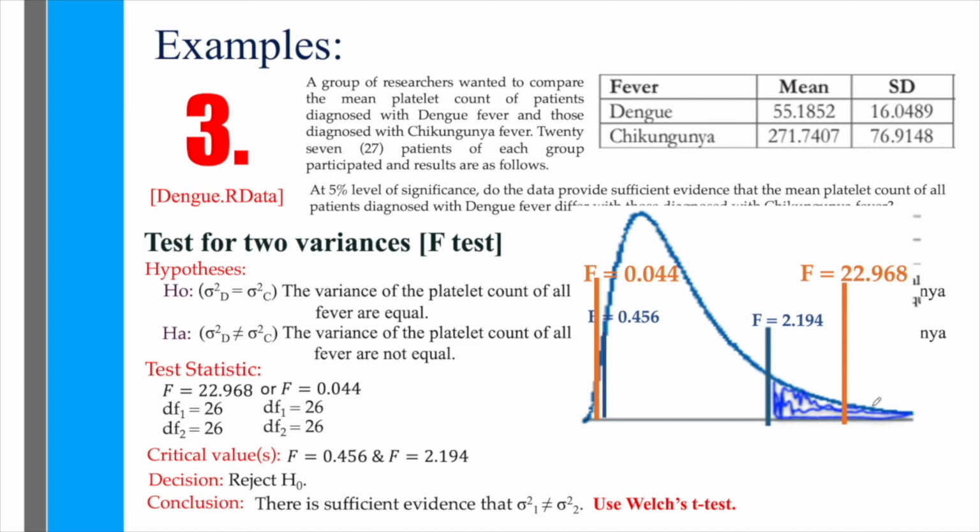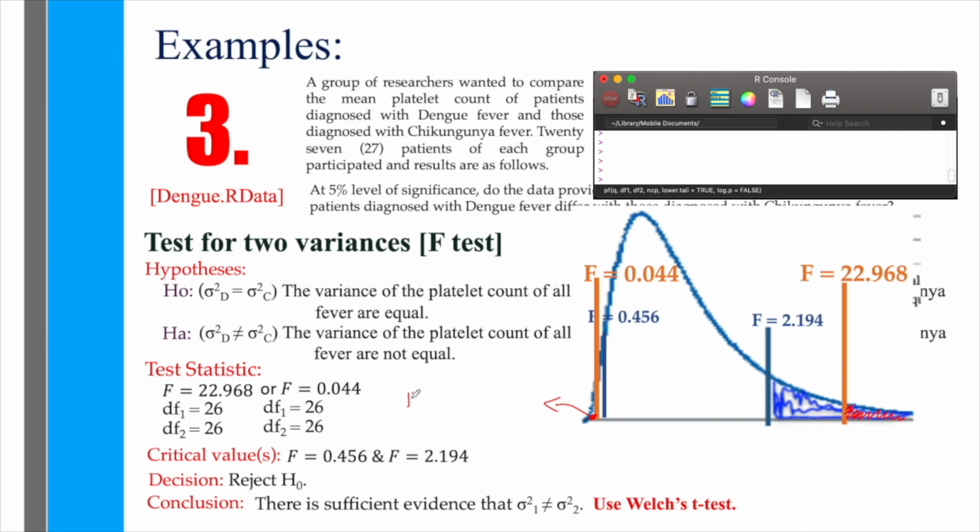And as for the p-value, we just have to calculate the area to the extreme of those test statistics, in which this one is pf of 0.044, 26, 26, and this one, since it's on the right tail, is 1 minus pf of 22.968, 26, 26.